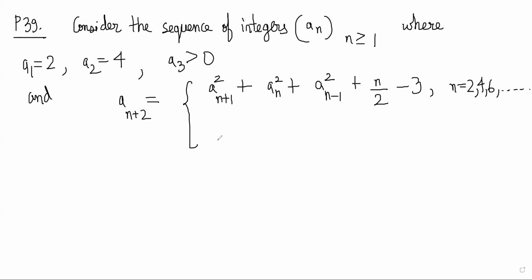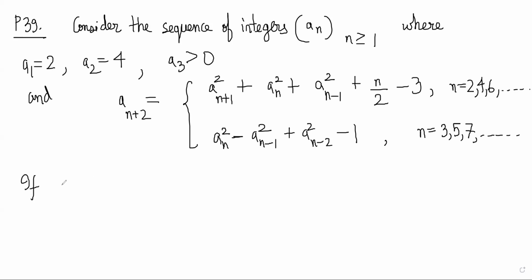And the other option is a_n square minus a_(n minus 1) square plus a_(n minus 2) square minus 1. And this case happens when n is equal to 3, 5, 7, all the odd numbers.